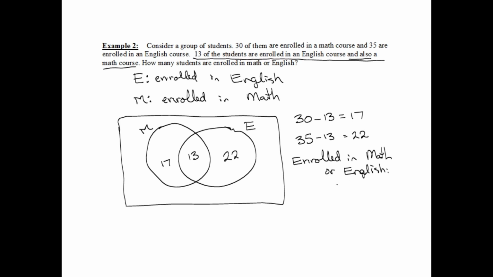In other words, what students would answer yes to the yes/no question, are you enrolled in math or English? If they answer yes, they should be in this set. And so that's going to be the number in the union. So that'll be 52 students.